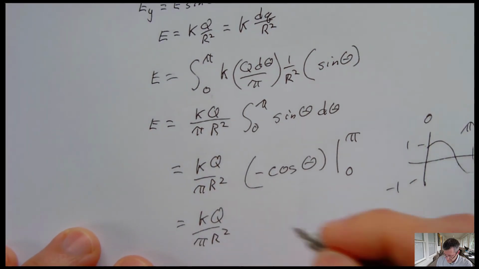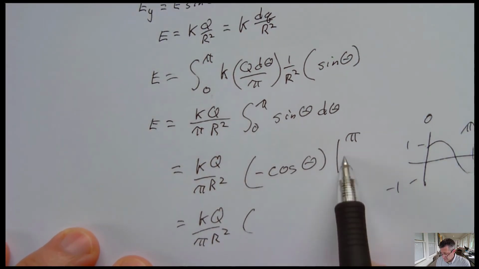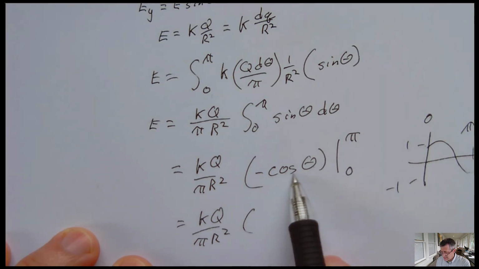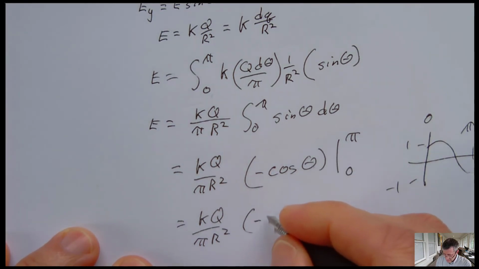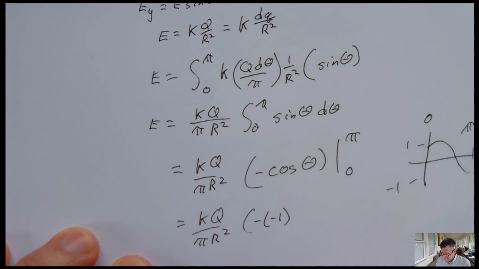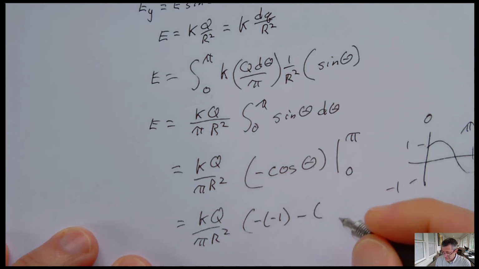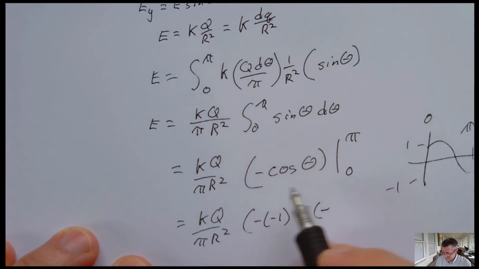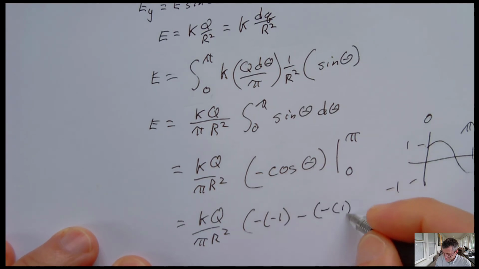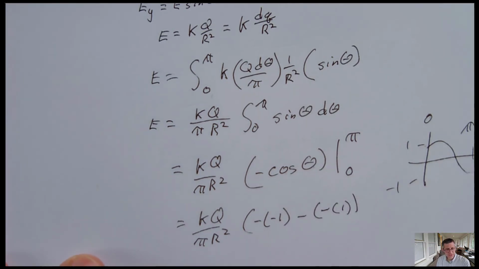So cosine of pi is minus 1, negative minus 1, and then I'm going to subtract from that negative 1. Whew. A lot of negatives in there, but anyway, I end up with 2 positives.